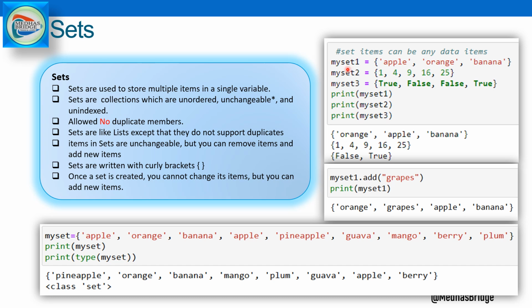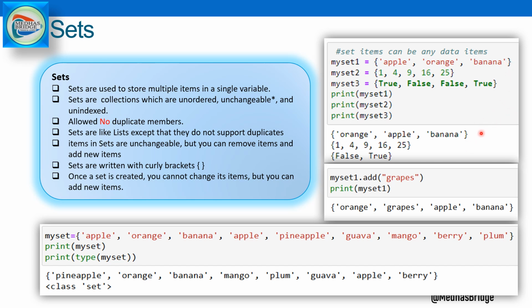Here is an example. Set 1 holds strings. Set 2 holds integers. Set 3 holds Boolean values. Look at set 1. Input and output: the order of items displayed in the output is not the same as the input.